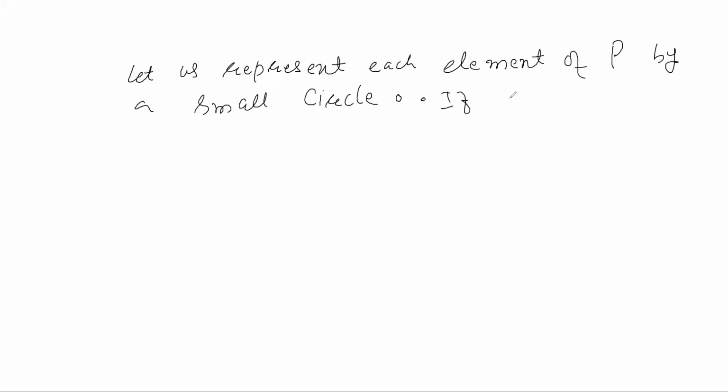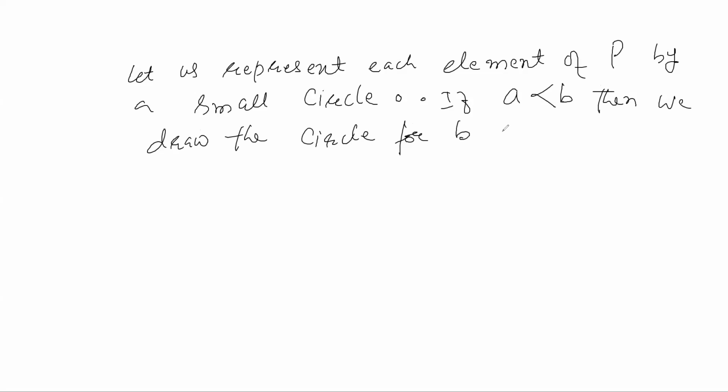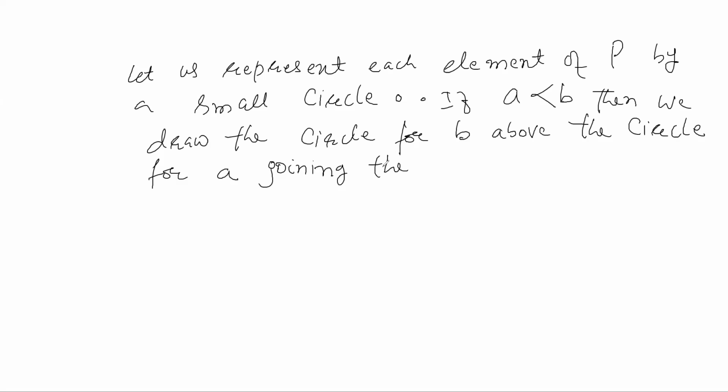Now, if A is covered by B, then we draw the circle for B above the circle for A, joining the two circles with a line segment.